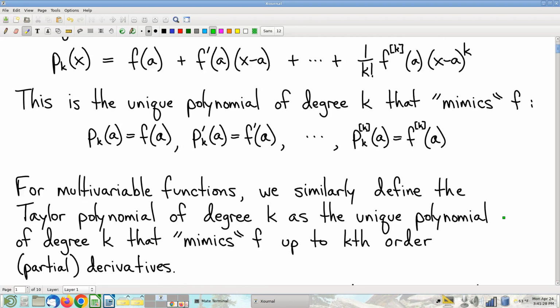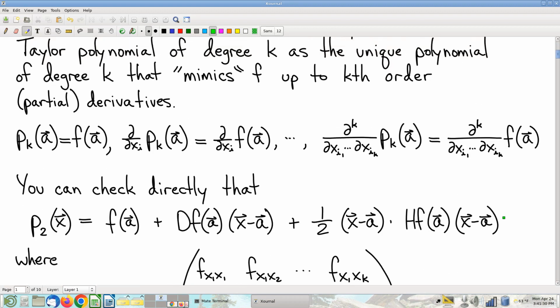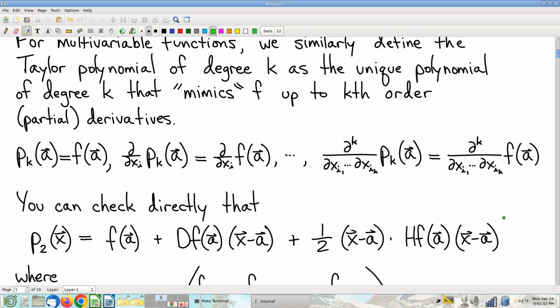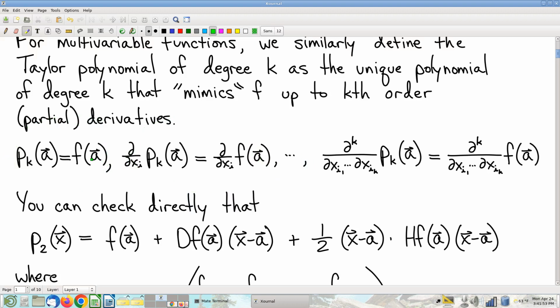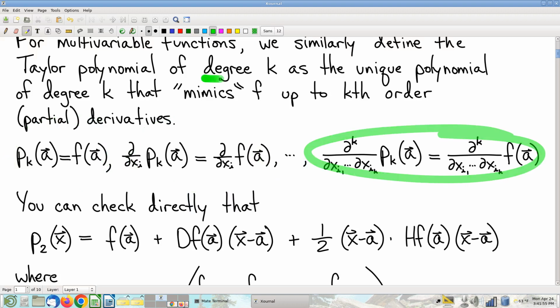Okay, so the multivariable version of that is to have a polynomial that mimics the multivariable function in the sense of having not only the same value, but all of the same partial derivatives and second partials and third partials, et cetera, all the way out to whatever the degree of the Taylor polynomial is that you're talking about.